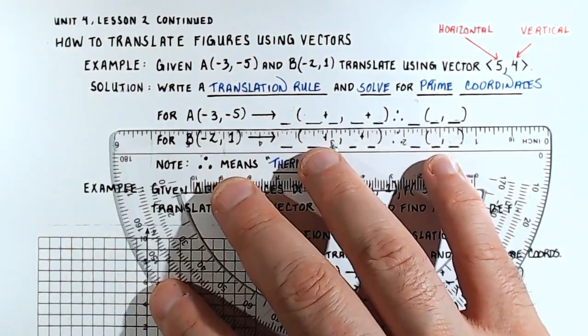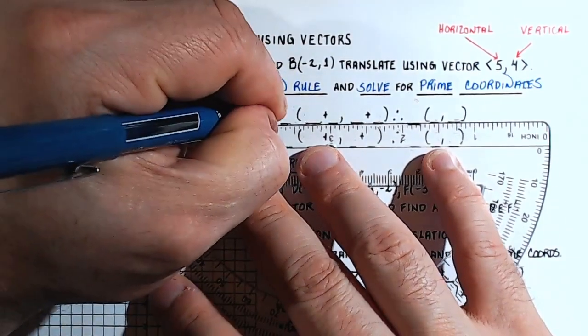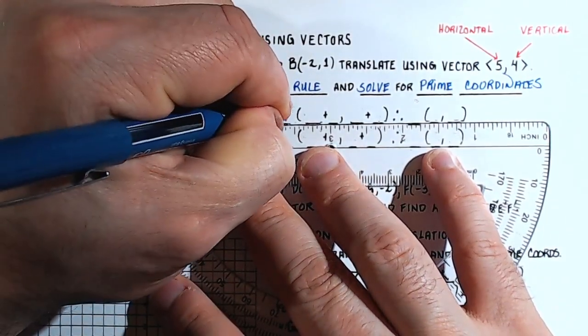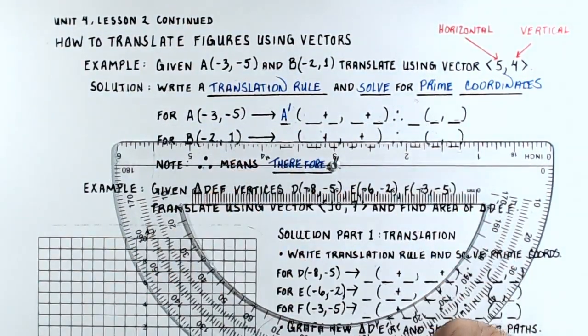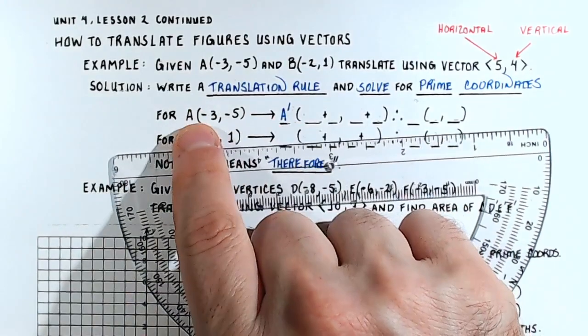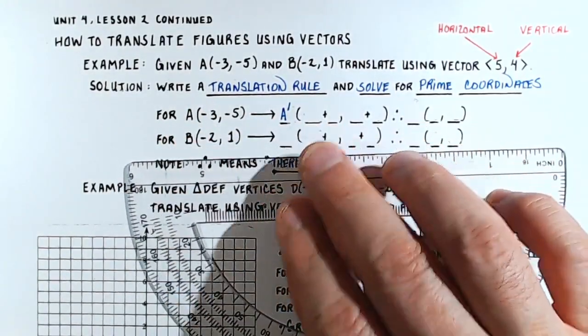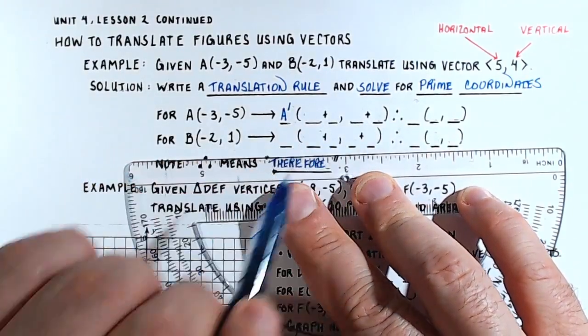Now the first blank space right here is going to say A prime. A with an apostrophe after it is read A prime. This is the image coordinate, and this is the pre-image coordinate. So now what we need inside here are the x and y coordinates of the image.